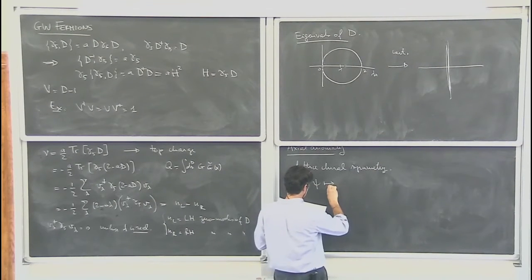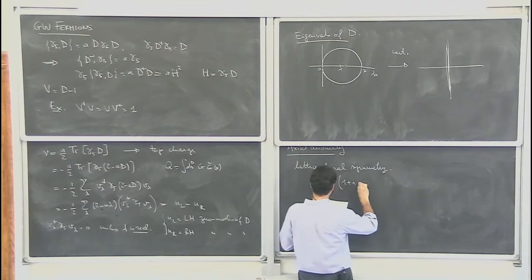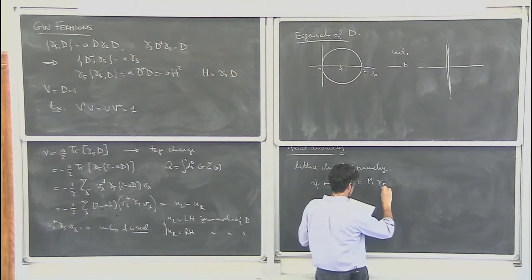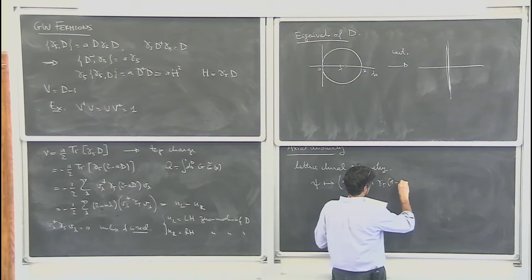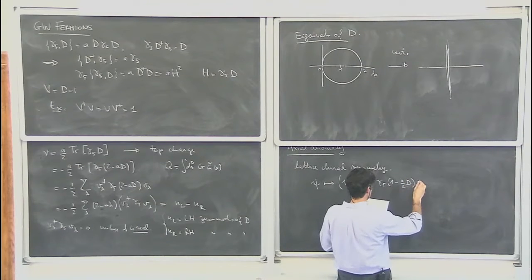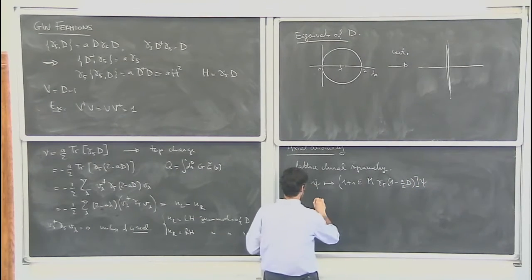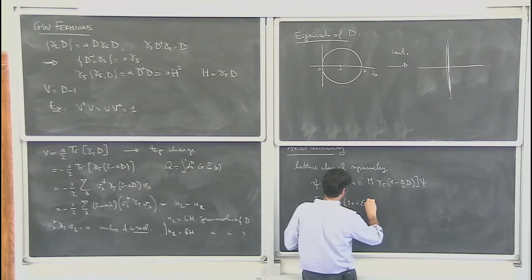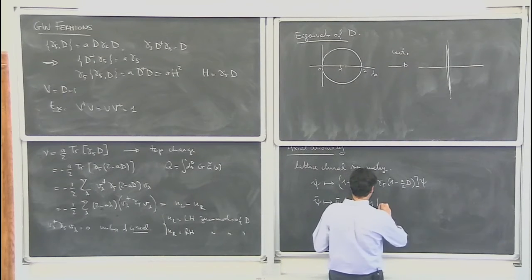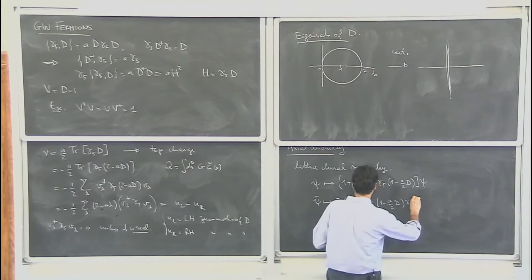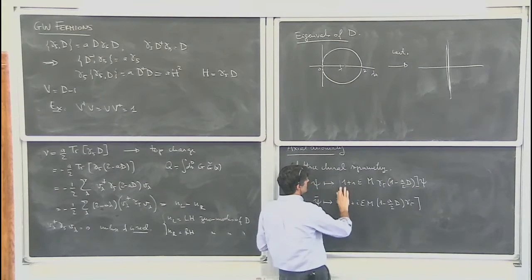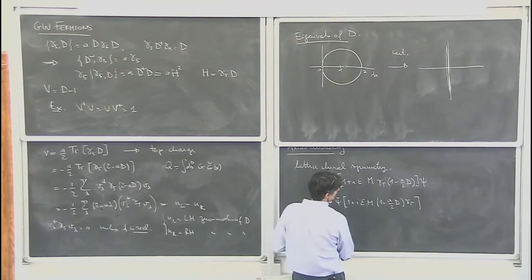So psi goes into, if you remember, this is just a generalization of the usual chiral transformations: psi goes into 1 plus i epsilon M gamma 5 times 1 minus a over 2 D psi, and psi dagger goes into psi dagger 1 plus i epsilon M times 1 minus a over 2 D times gamma 5, where M is a matrix in flavor space.